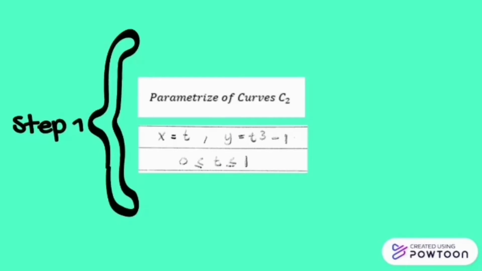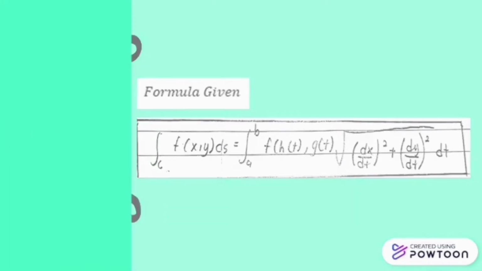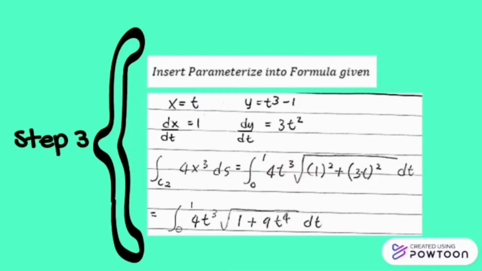Next, step 2, we write the formula, the line integral of f with respect to arc length that I showed in the video. Step 3, we insert the parameterized values into the formula, and we get the integral from 0 until 1 of 4t cubed times the square root of 1 squared plus (3t squared) squared dt, which gives 4t cubed times the square root of 1 plus 9t to the power of 4 dt.